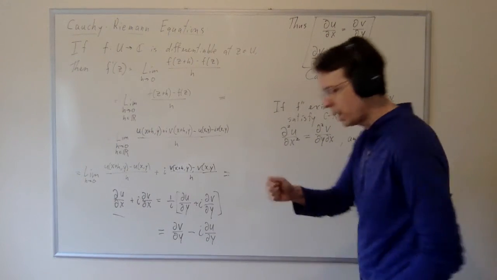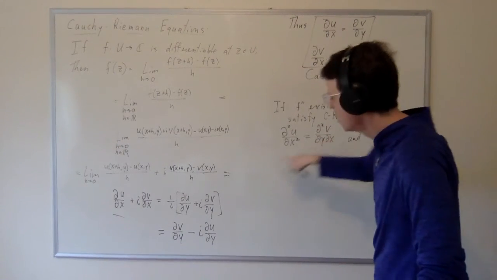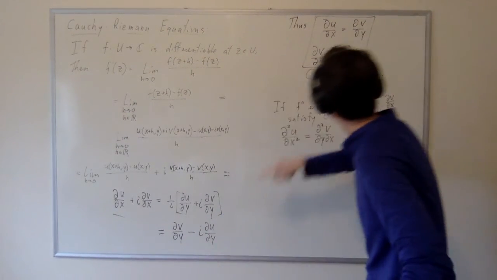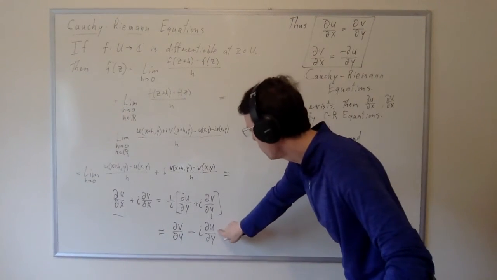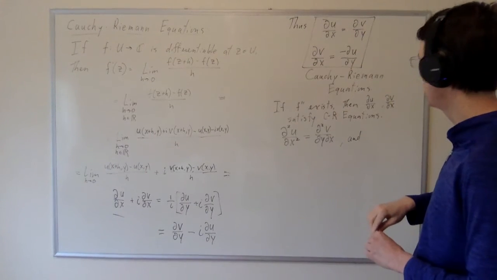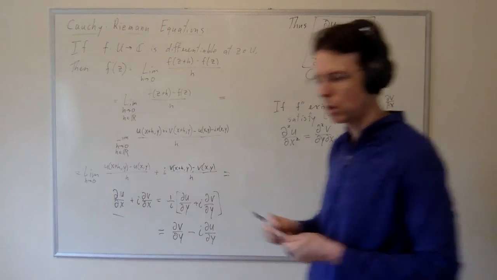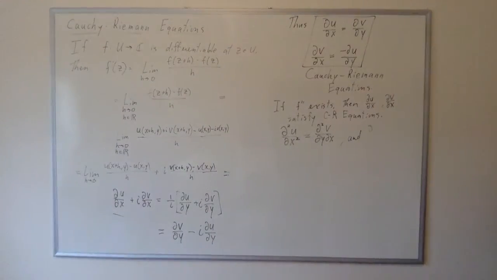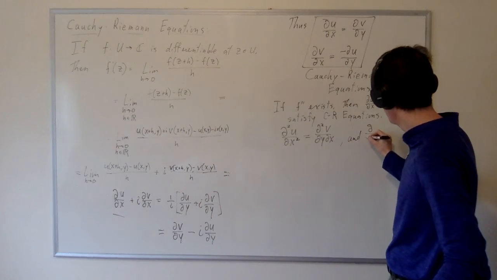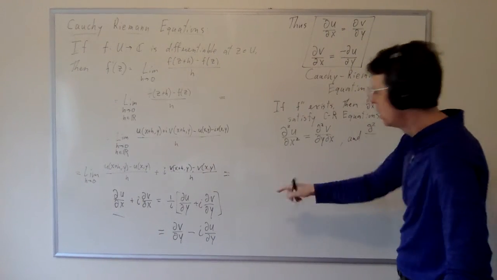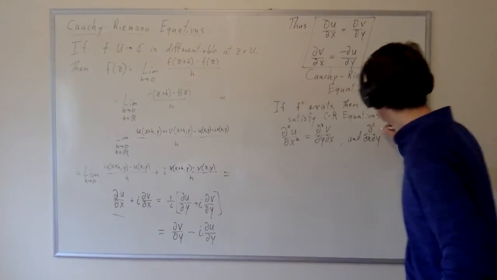So let's write that. If we write that, then we get the partial with respect to x of this thing, according to that, must equal the partial with respect to y of that thing. So we're going to get the partial squared, partial x, partial y of v.